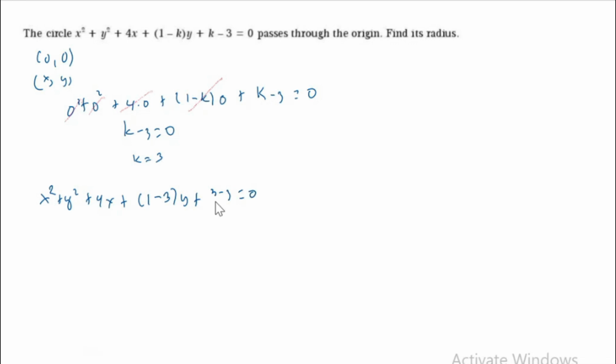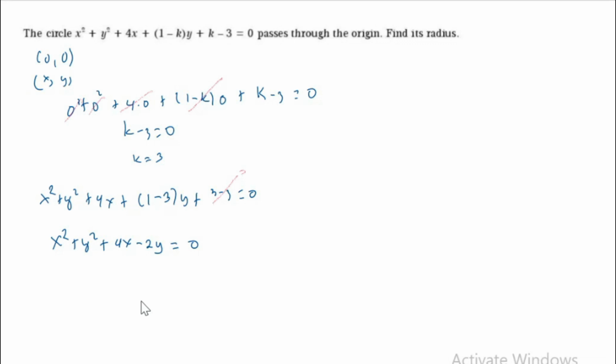So 3 minus 3 is 0. We can now rewrite the given as x squared plus y squared plus 4x, 1 minus 3 is negative, so negative 2y is equal to 0. Now from there, we can find the value of the radius.